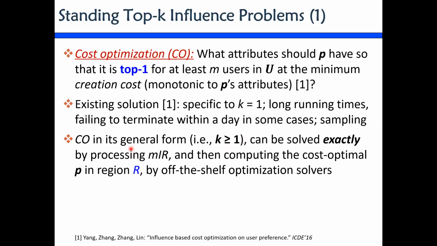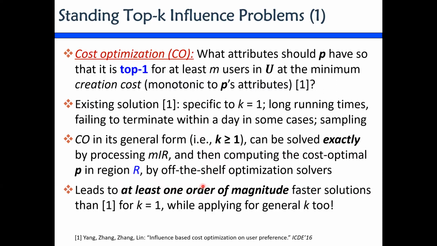We can do that by first processing MIR, computing the region R, and then feeding this region R into an off-the-shelf optimization solver so that we find the cost optimal position where we should build the new product within this region R that our algorithms have produced.